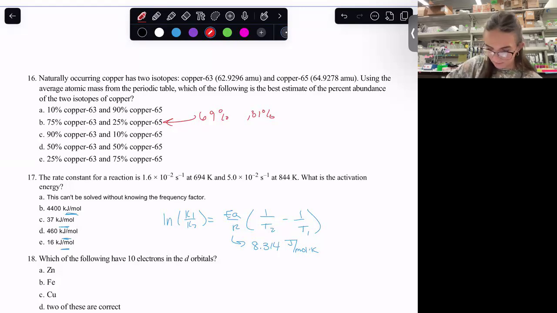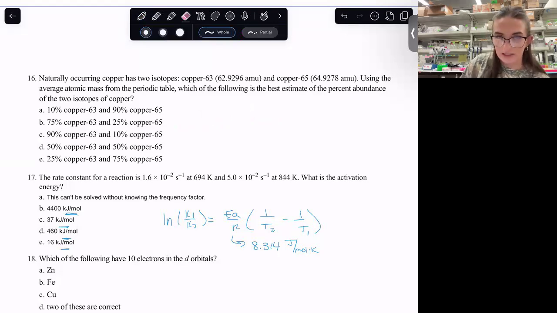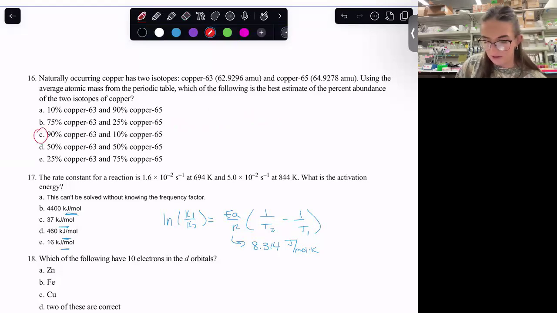Yes, sorry. When you use the periodic table number, you get like 69, whatever, 75%, but it is going to be 90, and you want to use the 63 for this. It will be obvious on your final what mass you should use. As long as you got B or C, then you're doing it correctly.